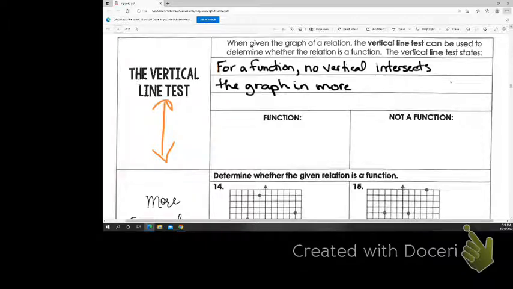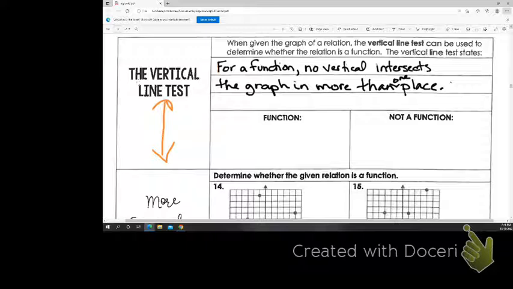So if there is a vertical line that crosses in more than one place, in other words, that have points on top of one another, then it would not be a function. More than one place belongs in there.